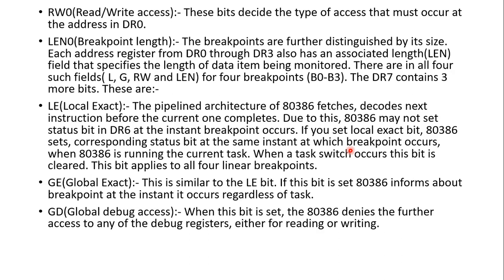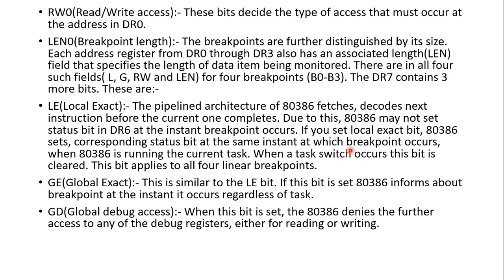The length field specifies the length of the data item being monitored, and depending on the length field, that much length of data will be monitored. So there are in all four fields, L, G, R/W, and Len, for the four breakpoints from B0 to B3 that I showed you in the diagram itself.